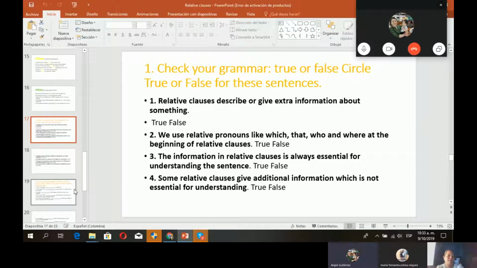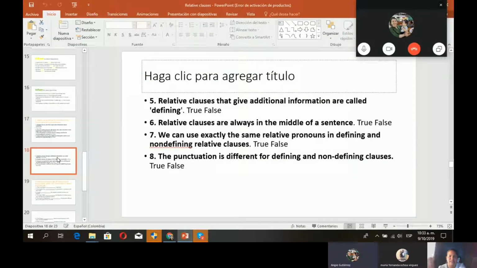Okay, false. Continue with number 5. Relative clauses that give additional information are called defining. True or false? False. Angie, what's your answer? False. Very good. It's false.